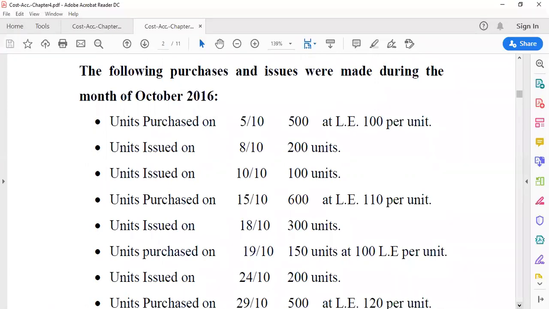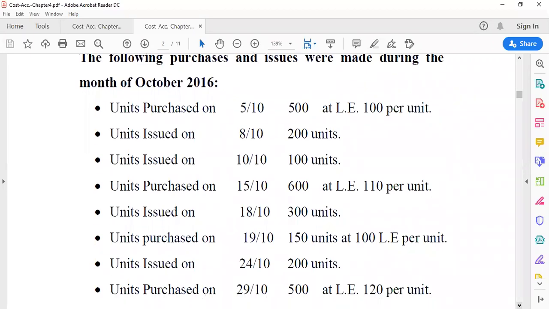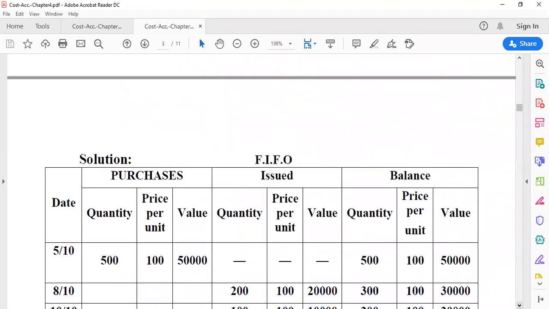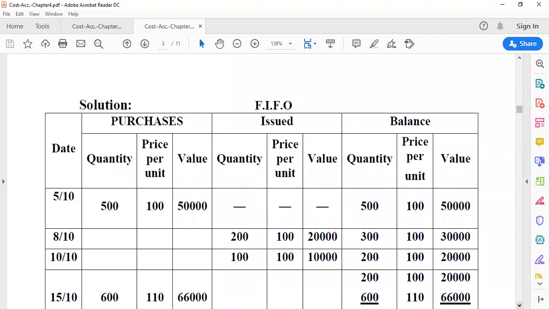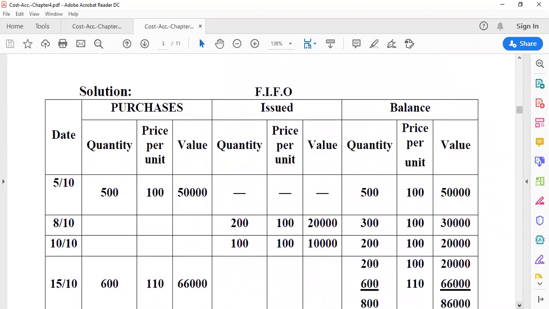So you mean that my inventory will increase by the amount purchased, which is the 500 units at this price? Yes, I mean that. So I need to make a schedule like this to solve in an organized way, okay? So I will make a schedule for the date, purchases, issued, and balance. Balance will be at the end of the process.